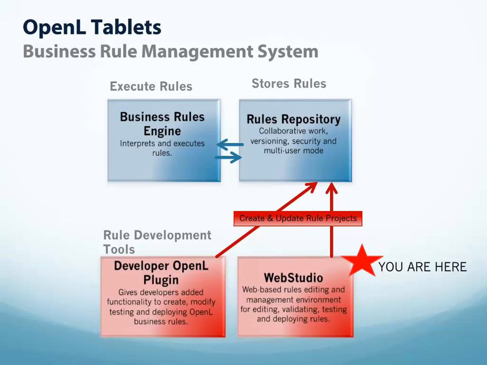The OpenL plugin for developers provides Java developers with rich functionality to develop rules projects, while the WebStudio component is a web-based application for business users to create and make changes to rules, factors, and data using either WebStudio or Microsoft Excel. Additionally, users can run tests to ensure the rules results are as expected. And also, they can deploy a finalized rule project from their development environment into a QA or UAT testing environment.